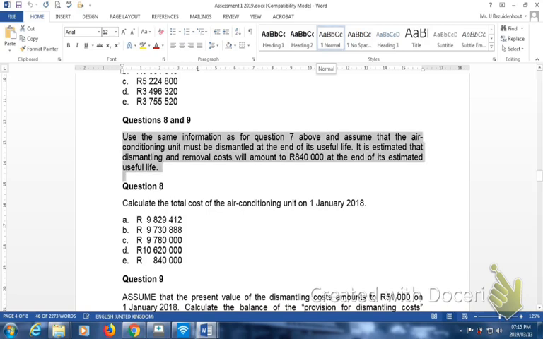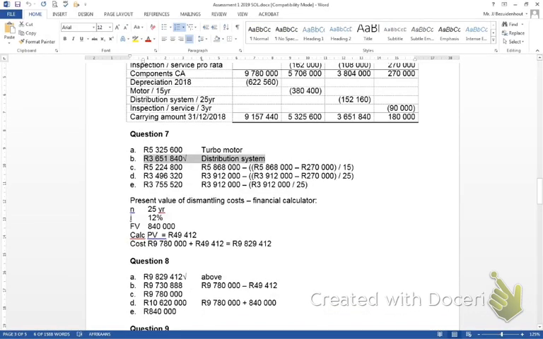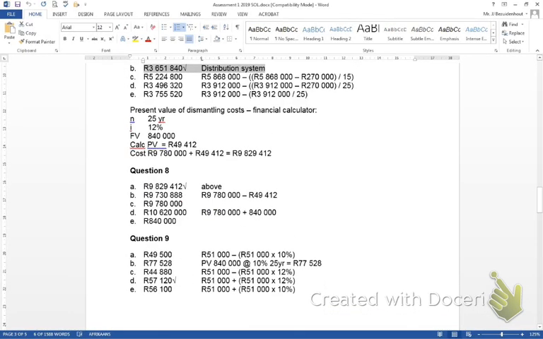Okay, so in this case, you had to calculate what is the total cost of the air conditioning unit. Basically, the total cost is, as we see here in this answer, the total cost is the cost that was given to you plus the present value of the dismantling costs.